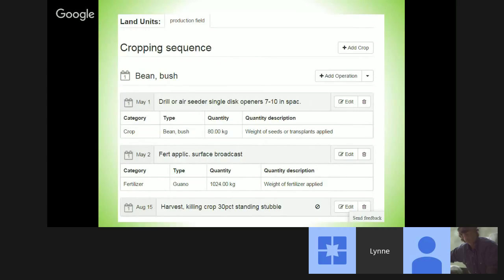So you can save multiple cropping system scenarios for a given farm. So, for instance, I did a scenario where I was growing bush beans. I did one where I was doing a continuous wheat operation. I had various rotations I've looked at.